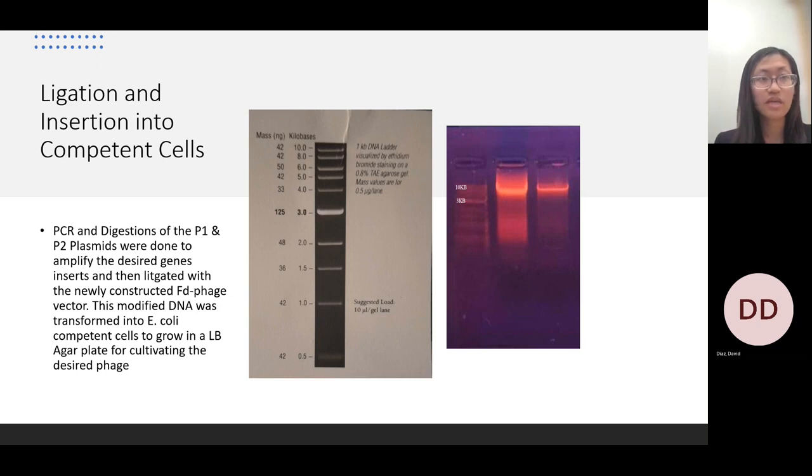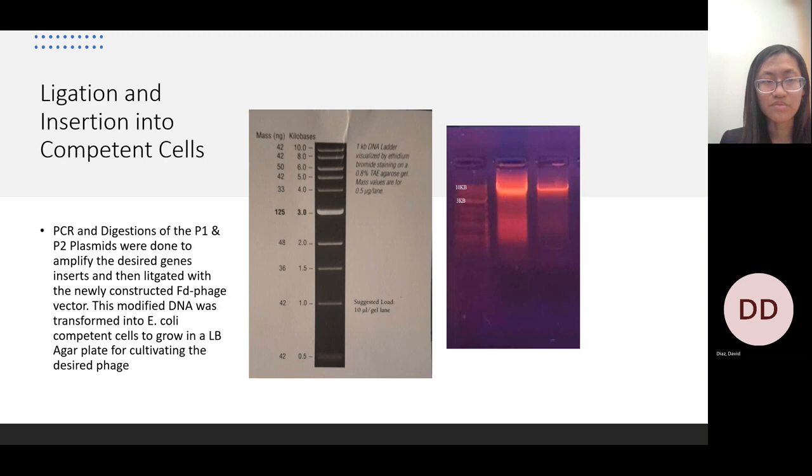You can see right here on the slide are ligation and insertion into competent cells. PCR and digestions of the P1 and P2 plasmids, the two Ps we mentioned earlier, were done to amplify the desired gene inserts and then ligated with the newly constructed fd phage vector.